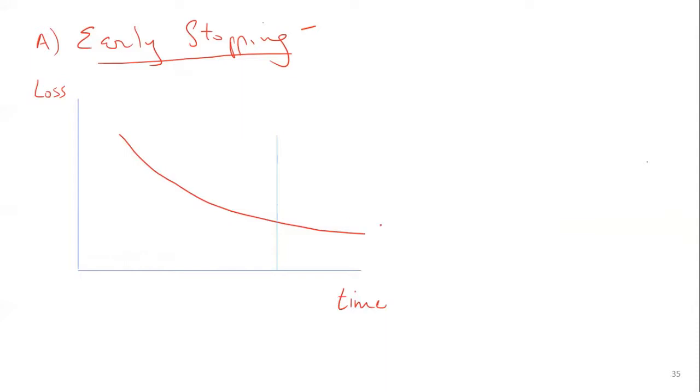So let's say that we have training data, okay? And as you can imagine that over time, as you train it, the loss is going to become smaller and smaller, okay, on the training data, okay?